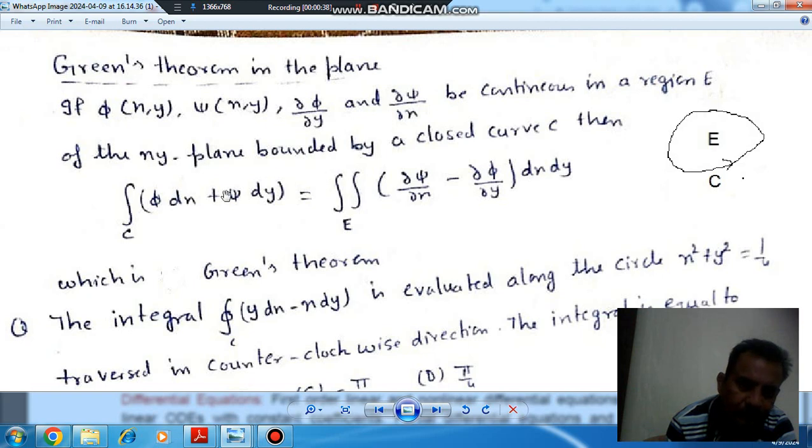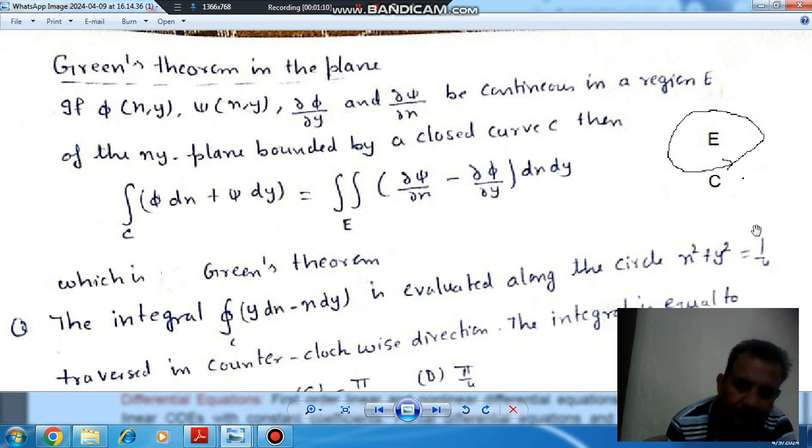Then according to Green's theorem, the line integral of phi dx plus psi dy is equal to the surface integral of (∂psi/∂x minus ∂phi/∂y) dx dy. So that is Green's theorem.